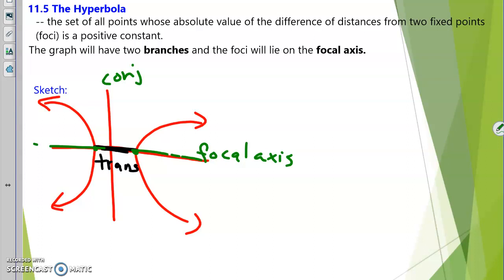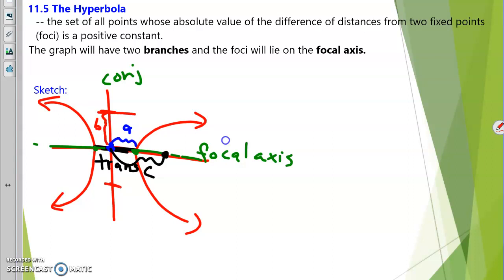The distance from our center to our vertice is still our a. The distance from the center to the focus is still our c. And the b in this case is going to be the distance up, that's b, and the distance down.